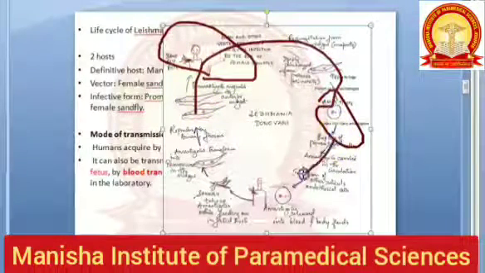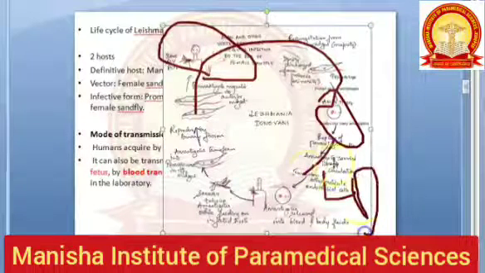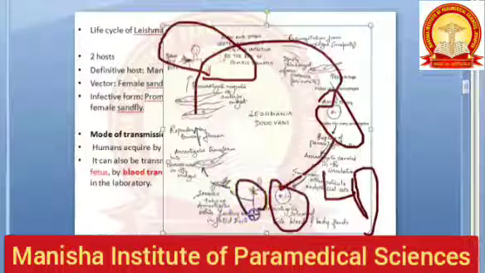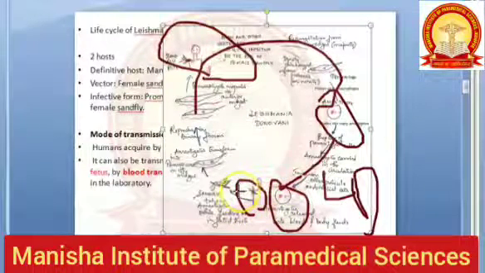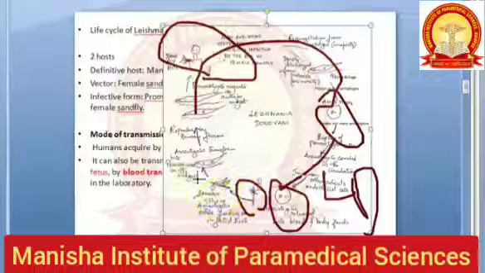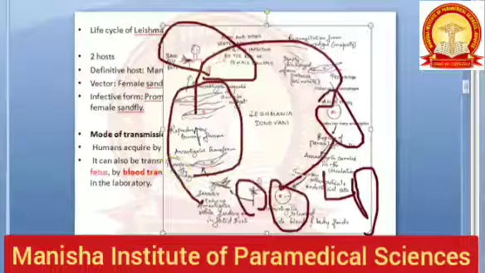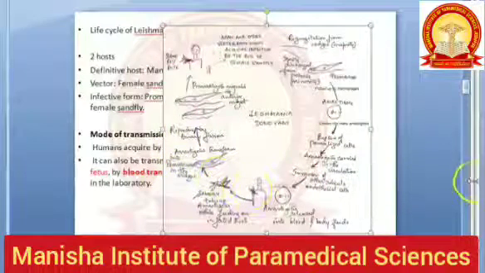It lives in the macrophages, giving LD bodies. These amastigotes are picked up by the next sandfly that bites the man, and in the sandfly the amastigote becomes a promastigote again and multiplies.